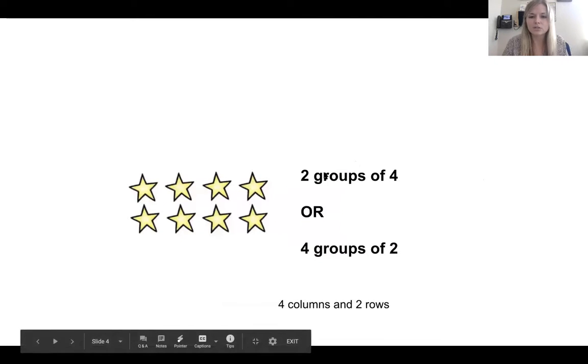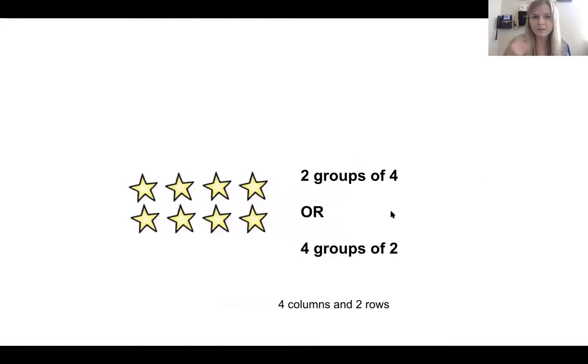This array shows us 2 groups of 4 or 4 groups of 2. It's the same thing. I can either look and I can see that there are 2 groups, each with 4 stars in it. That's me looking at the rows. Each row or group has 4 stars in it.